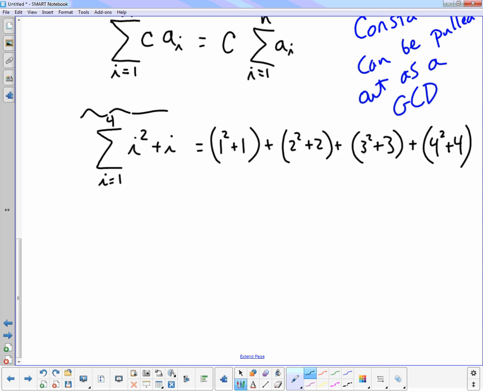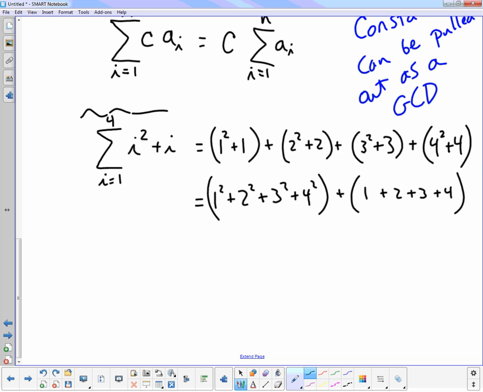I did that just for visual purposes. So let's drop my parentheses, rearrange what we have. And I'm just going to rearrange right away. All right. That's all of my first terms. And that's all of my second terms.